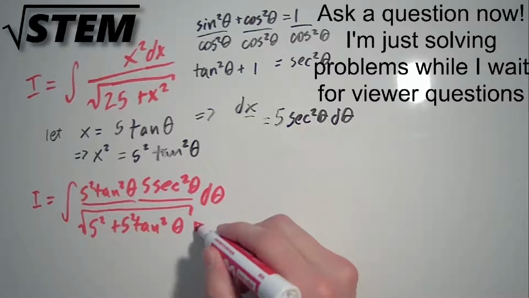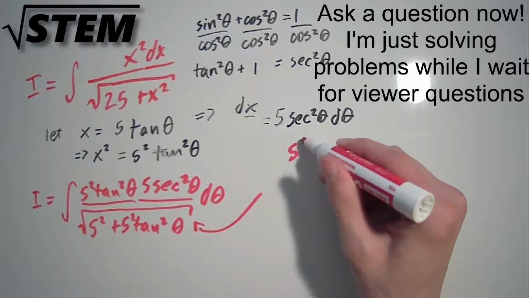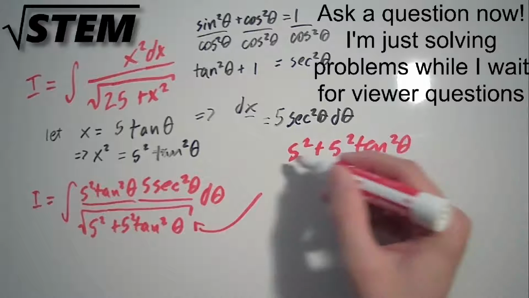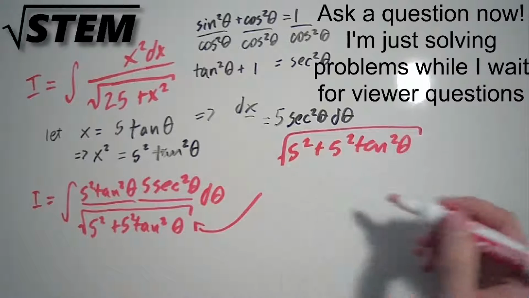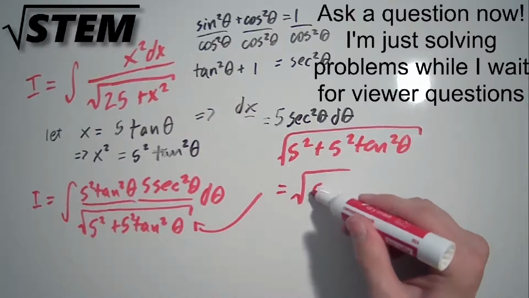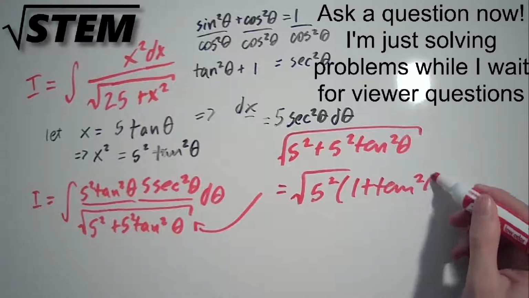Let's simplify this radical. So 5 squared plus 5 squared tangent squared. Why don't we factor out that 5 squared from both terms, to get 1 plus tangent squared.